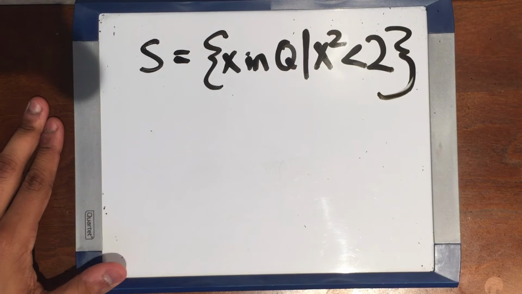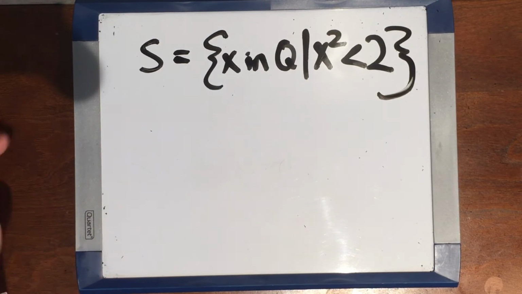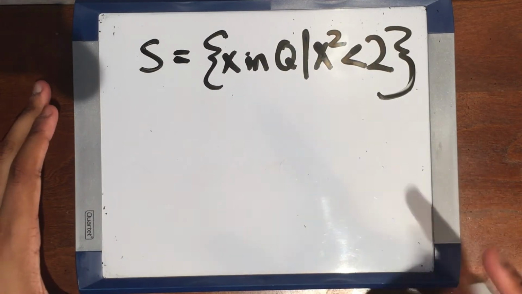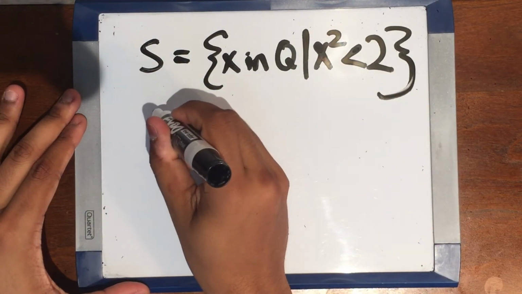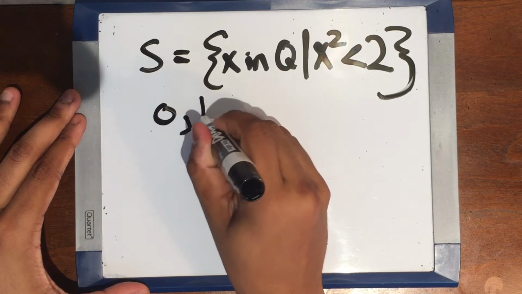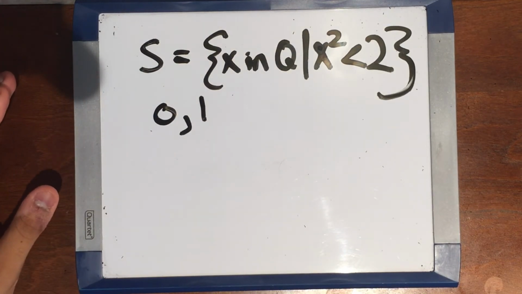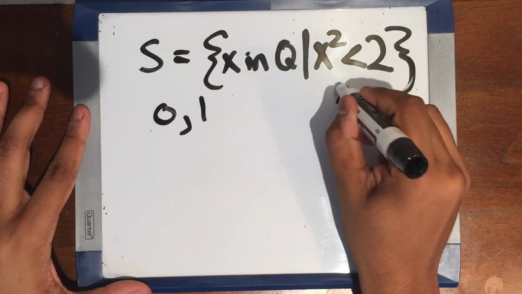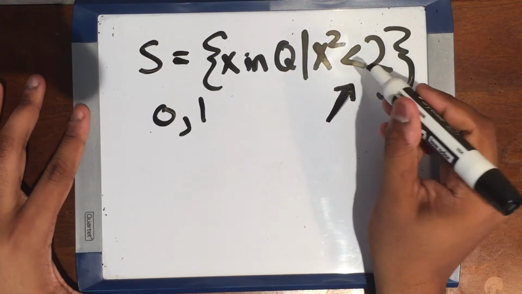And we're going to show that in this specific constructed set, we do not have a least upper bound. Okay, so we know that S is non-empty because if it's in Q, then it must have 0 and 1 within it. S is clearly also bounded above because we define it through using an ordering relation.